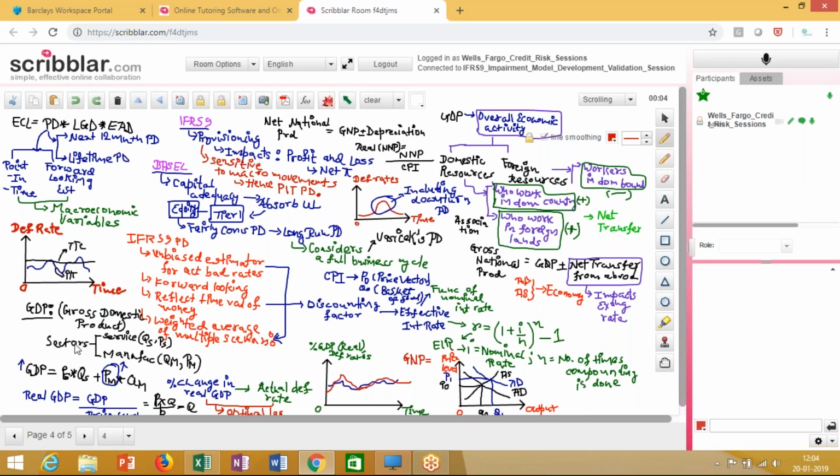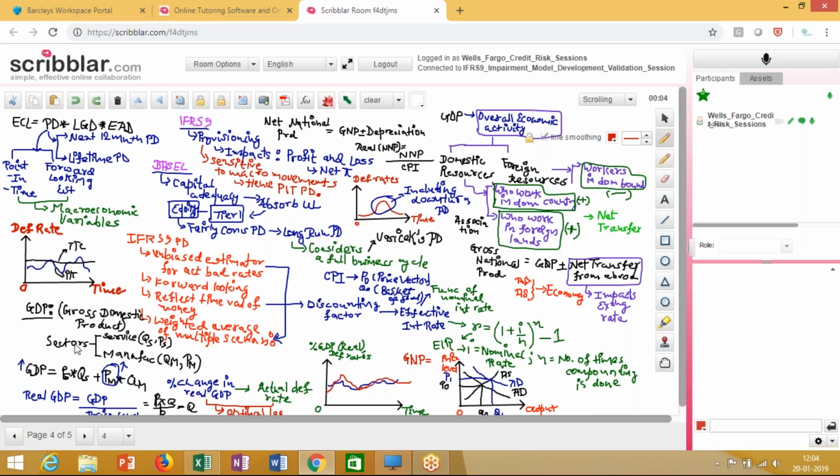So over here we started talking about some of the very key macroeconomic variables. Two most important or widely used macroeconomic variables were, number one, the gross domestic product. So we talked about the challenges and advantages of using gross domestic product as an economic variable for modeling the IFRS 9 impairments.